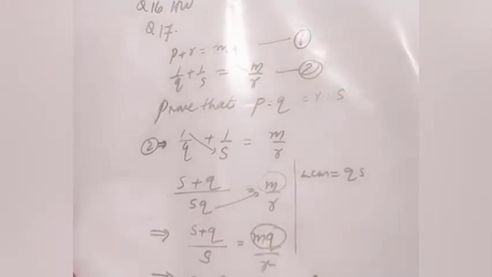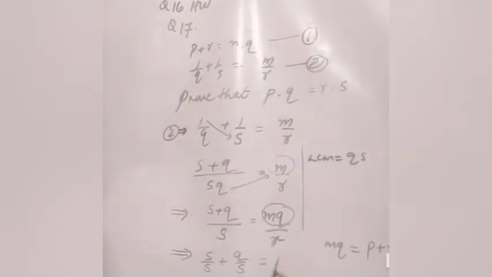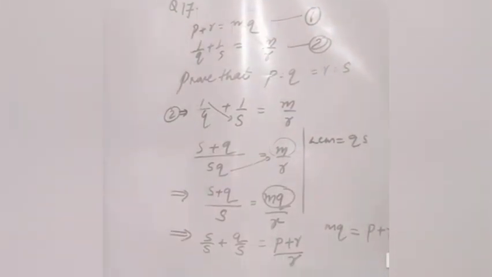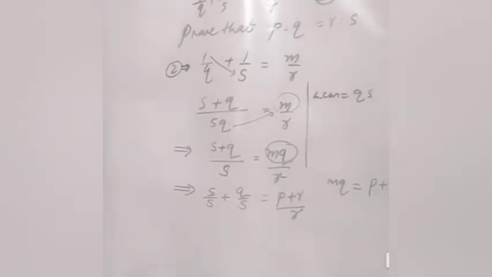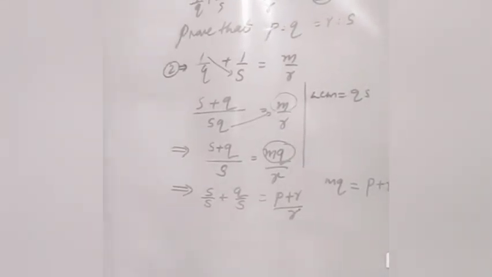What is mq from equation number 1? Yes, it is p plus r. That is given in the question. Replace that, p plus r by r. Write it down. s by s plus q by s equals p plus r by r.